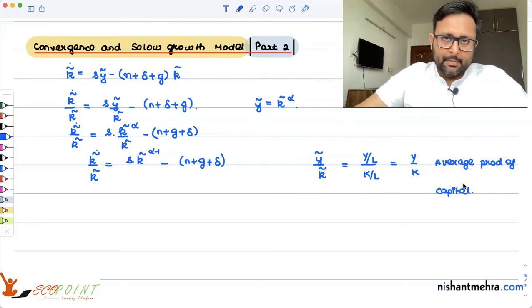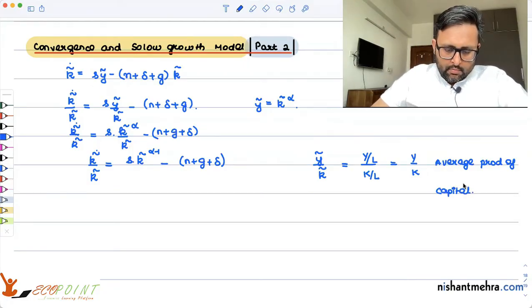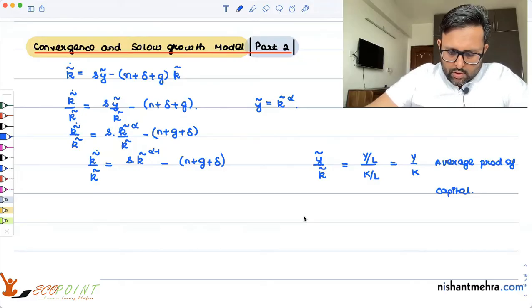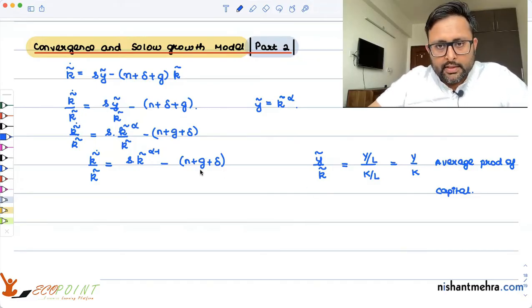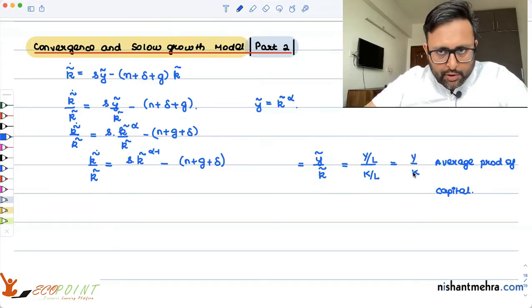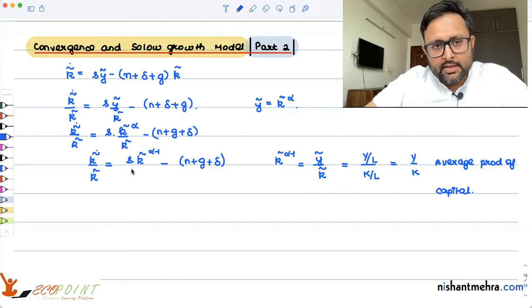Second thing, as k̃ is rising, that is as the capital labor ratio rises, capital is subject to diminishing returns, so this average product is going to fall. Small ỹ upon small k̃ is nothing but small k̃ to the power alpha minus 1.